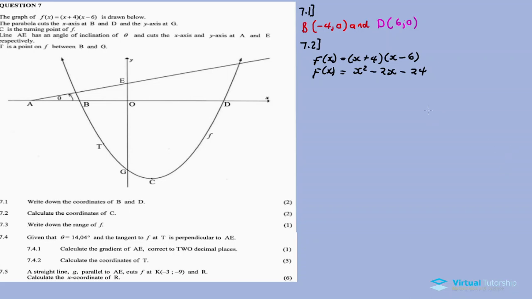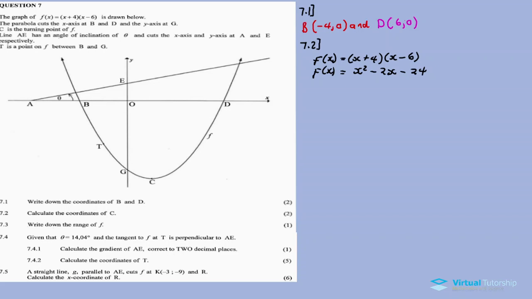There are 2 ways of finding a turning point. You can differentiate, equate the first derivative to 0, and solve for x, which is the x coordinate of the turning point. Then you substitute into the original equation to find the y coordinate of the turning point.